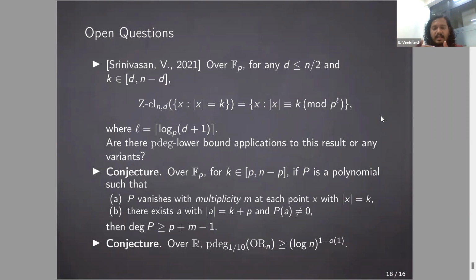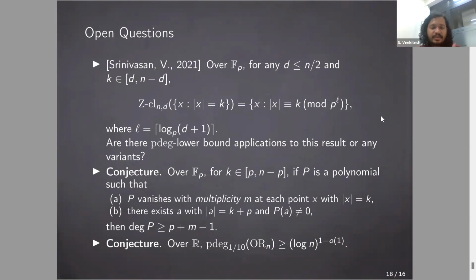But if there is vanishing with high multiplicity m at the kth layer, and simple non-vanishing at the (k plus p)th layer, then we think the degree of P should be at least p plus m minus 1. So if you put m equal to 1, this comes down to Hegedus. So that's a multiplicity extension of Hegedus.